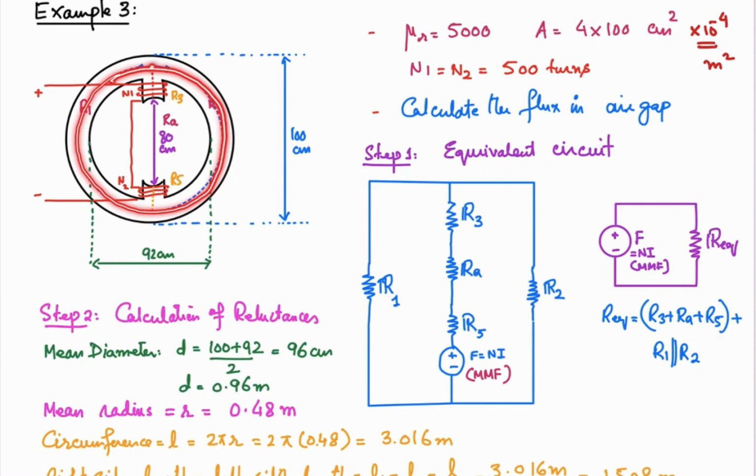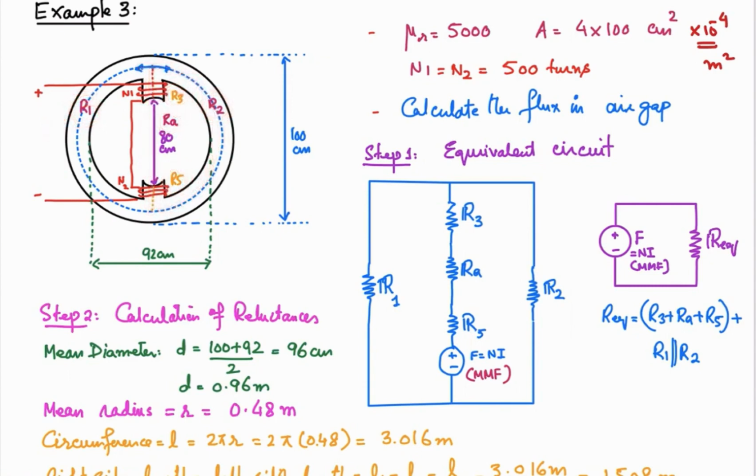When the flux is divided into two parts from here, we assume that it will cover this distance. This length will be used to find the reluctance of this path, that is R1, and the reluctance of this path is R2, and we will have a reluctance of this material as well, let's suppose R3, and the reluctance of this material, it is R5, and the reluctance of this air gap we will represent with RA.